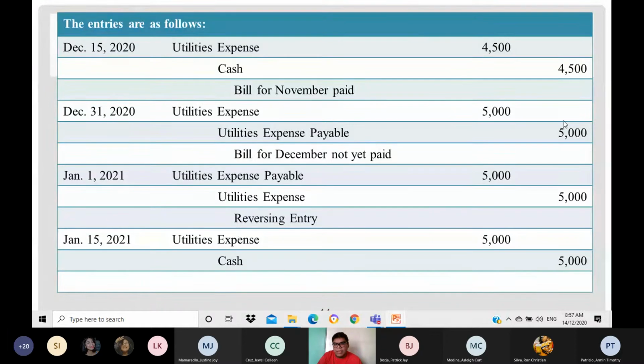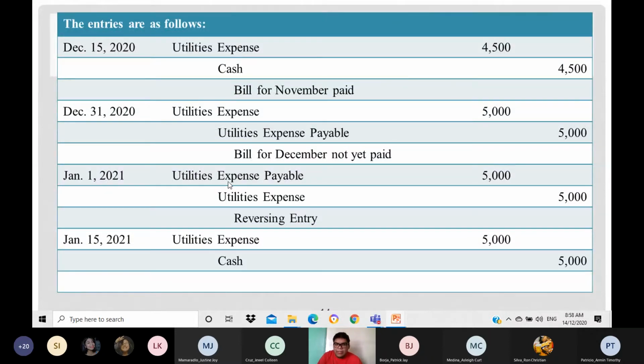And then yung kailangan mo bayaran, which is the utilities expense payable, you have to credit that 5,000. Para pagdating ng January 1, meron kang 5,000 na i-recognize as payable to be debited. Utilities expense payable by January 1 worth 5,000.